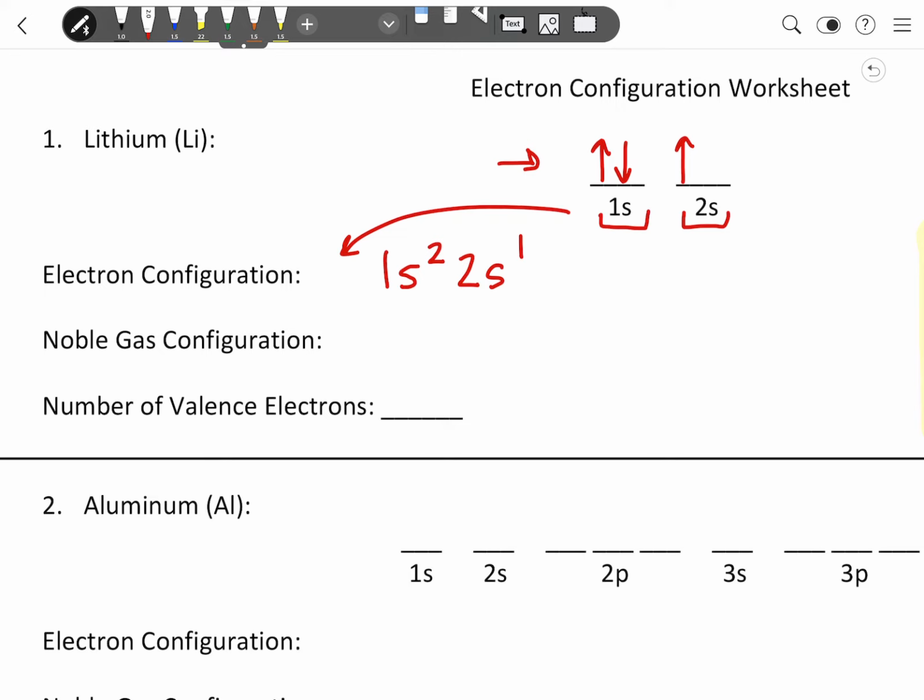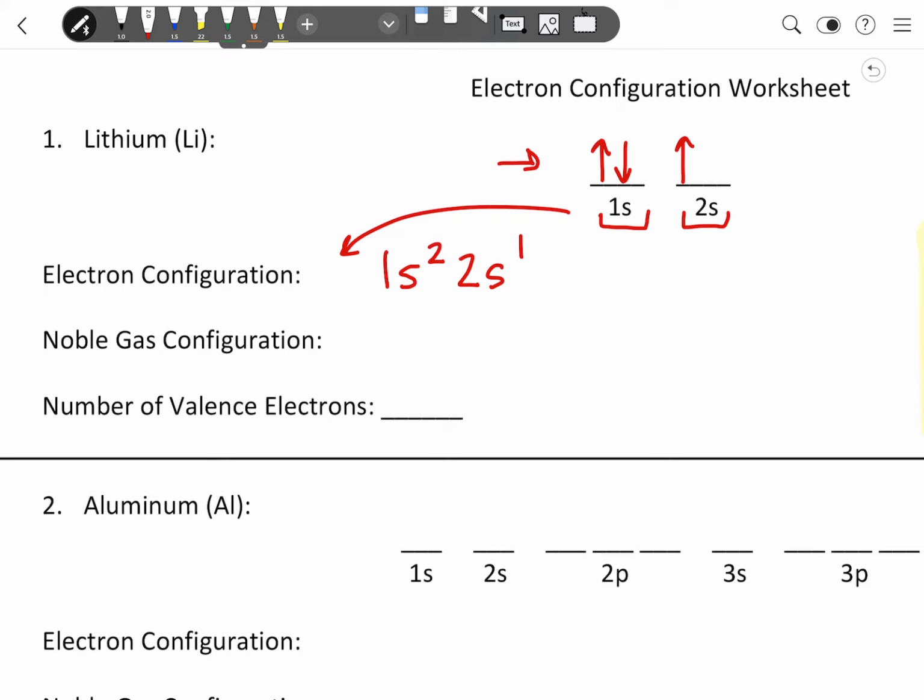For noble gas configuration, this one's pretty short, so it's not going to be super helpful. But to do this, I'm at lithium, right? And let's say I spent the night at helium's house. So I live here, but I spent the night at helium's house. So now where I'm actually starting is right here.